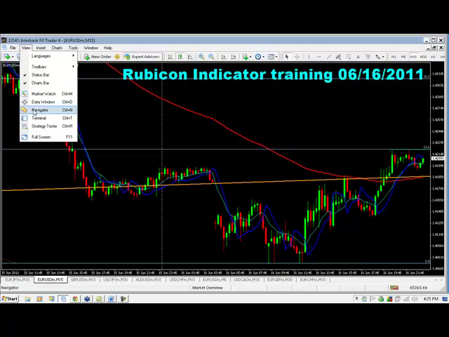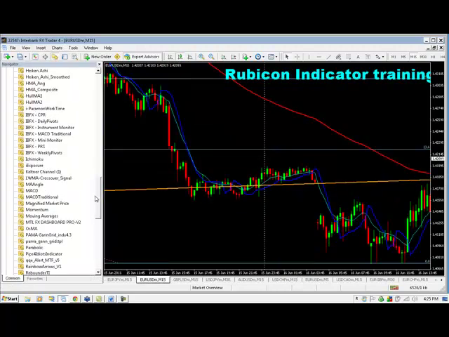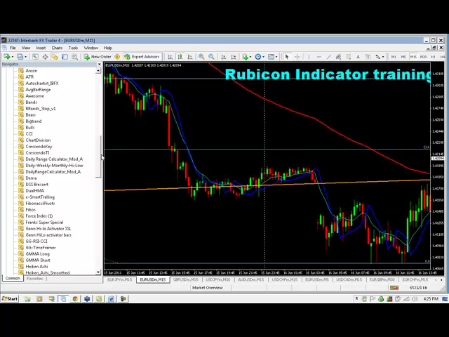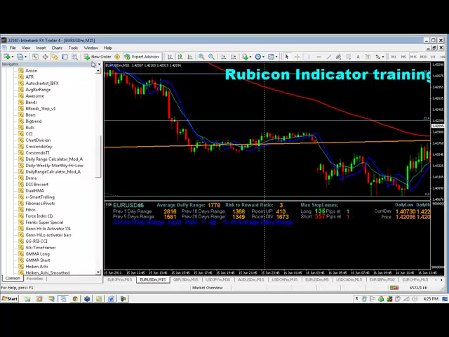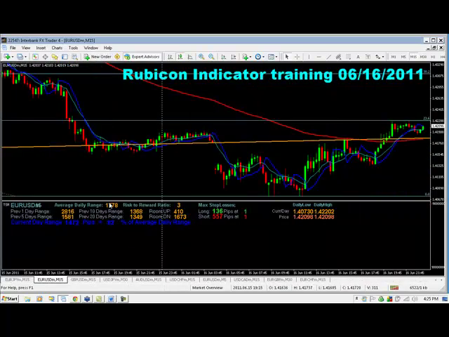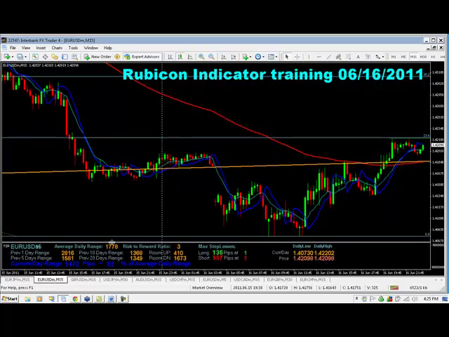I don't like cluttering my chart, but it's called the daily range calculator, which does the following. It drops onto your chart right there, and you can just take a look and see. Now you can see the daily range on the euro has changed a bit. It's 177. It's normally about 100 to 120.